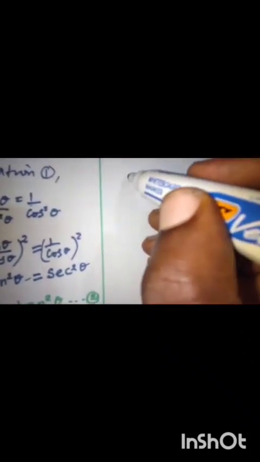Now, just a few reminders. From our diagram, cos theta is x over r, and sine theta is y over r, and tan theta is y over x, right?